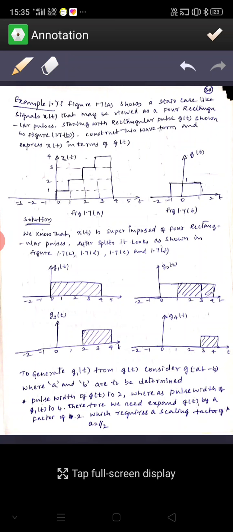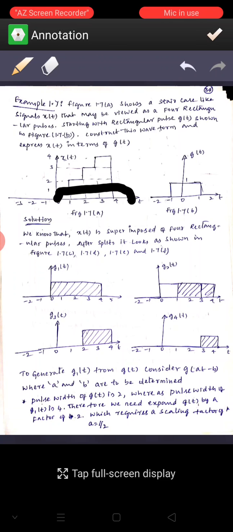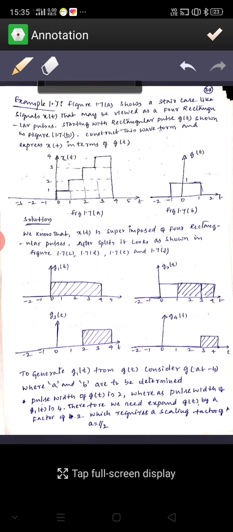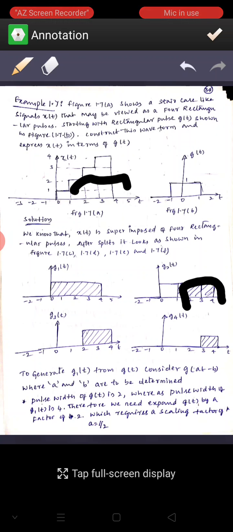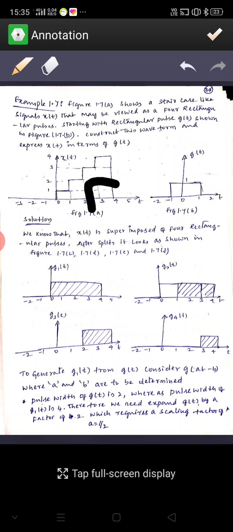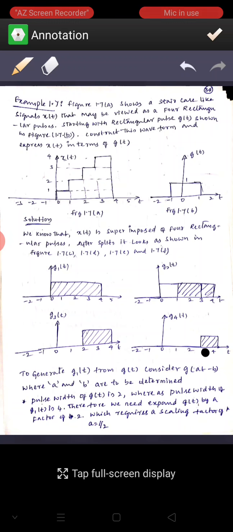I'll call this g1 of t, this signal separately, and g2 of t, this signal, which runs from 1 to 4. Similarly, g3 of t runs from 2 to 4, and g4 of t runs from 3 to 4.